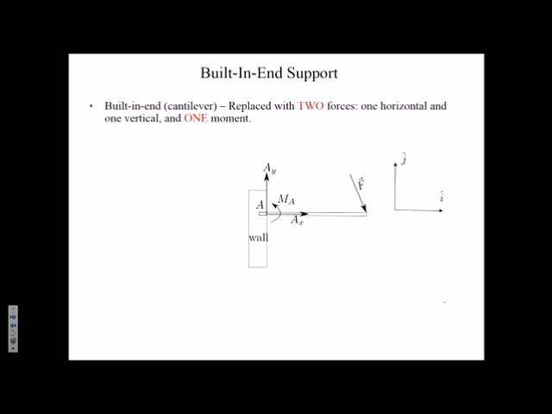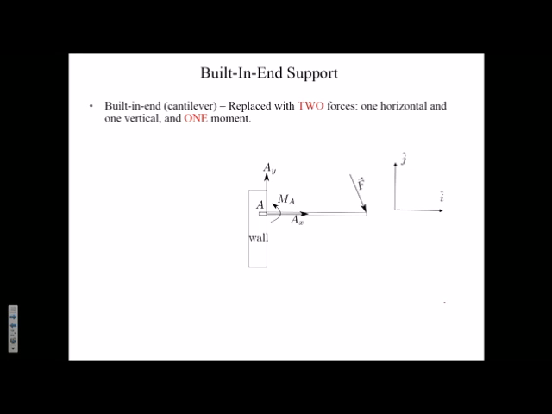This is another example called cantilever. So this is a sort of attachment that you can create if you push something inside, let's say, a plank, or you create a rivet joint. That will also be a cantilever action. And essentially what a cantilever action does is it not only gives you a reaction force in xy direction, but it also prevents rotation.